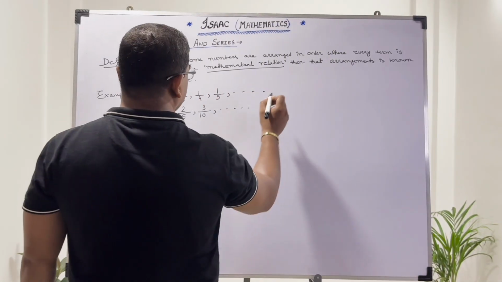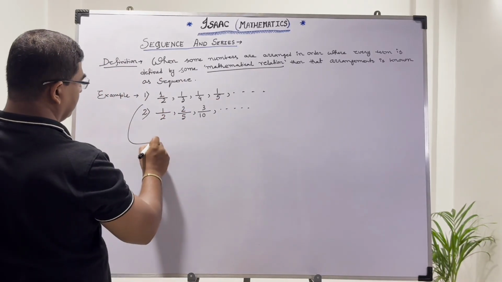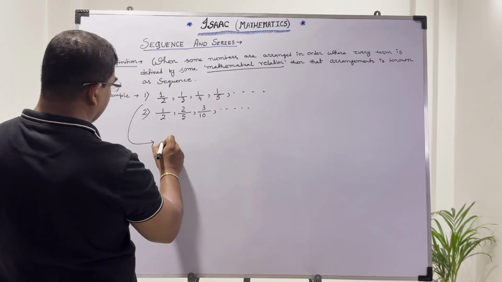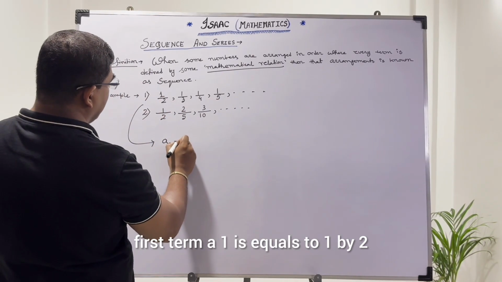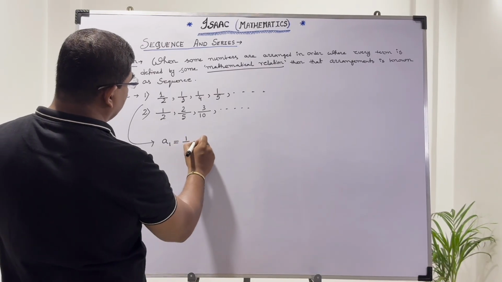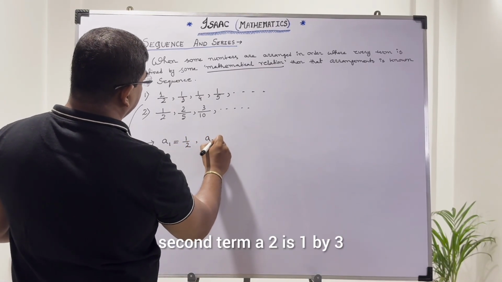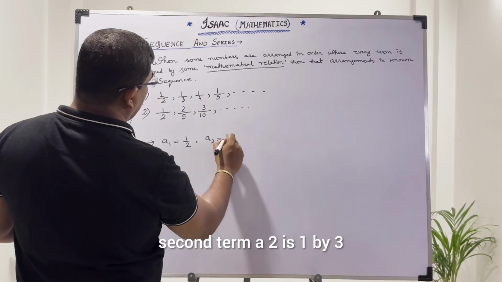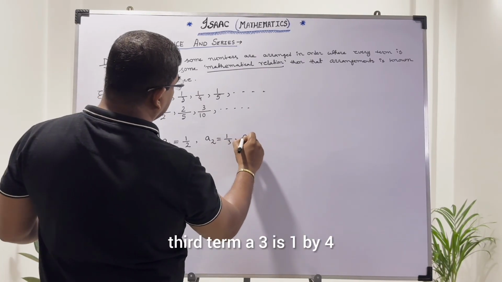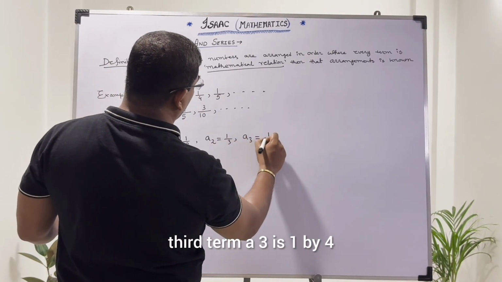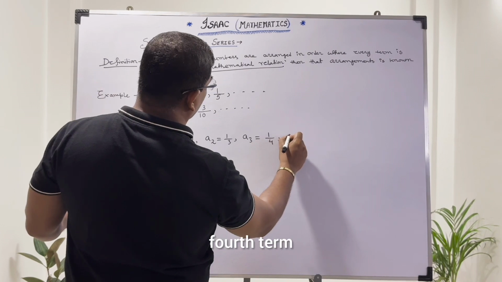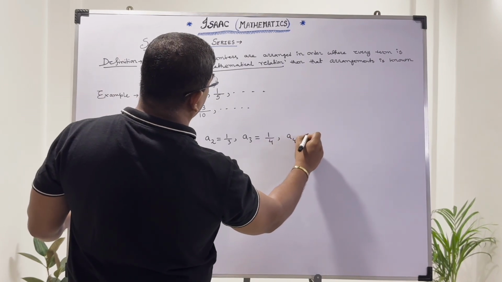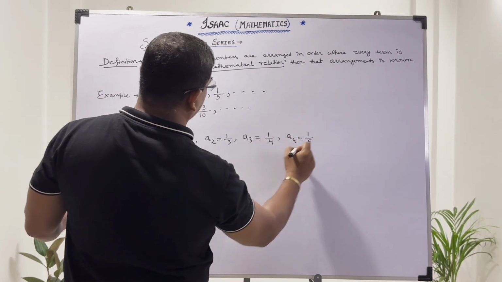Here, first term a1 is equal to 1/2, second term a2 is 1/3, third term a3 is 1/4, fourth term a4 is 1/5.